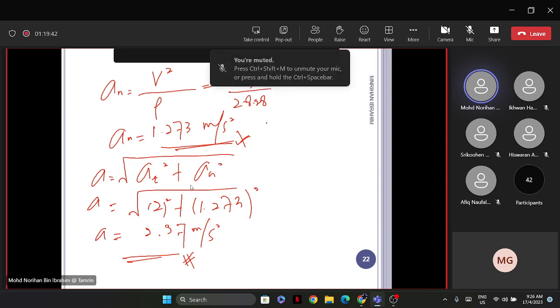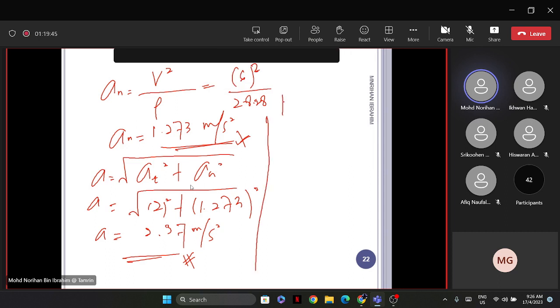Okay, class, and then you can find out what is the direction of acceleration.